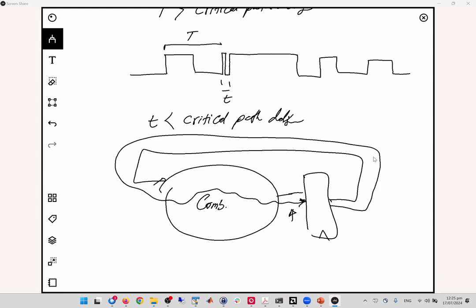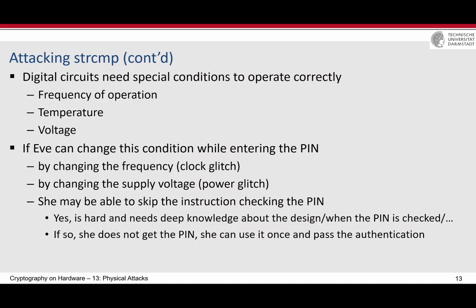For that reason, when you decrease the clock cycle for one particular cycle to, for example, small t, then for some inputs, still the circuit works correctly. For some other inputs, it doesn't work correctly. And then if you distinguish these two cases, for which input it works correctly and for which input it doesn't, you learn already something about the key. This dependency you can exploit. This was, for example, the clock glitch.